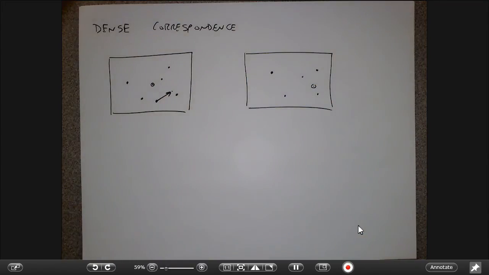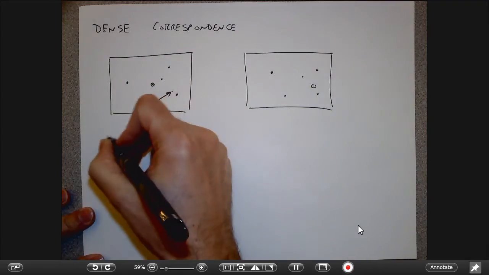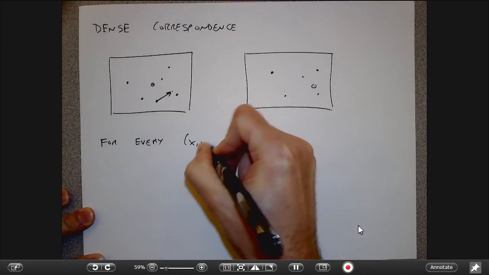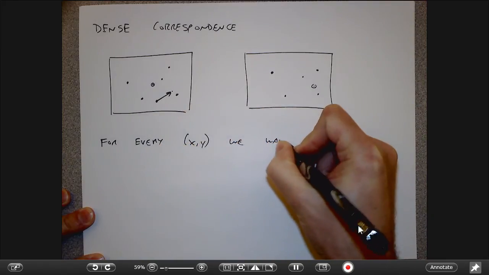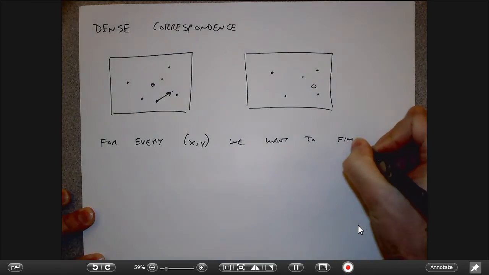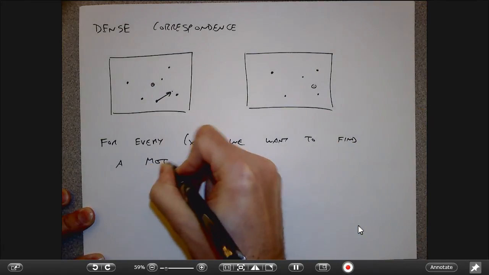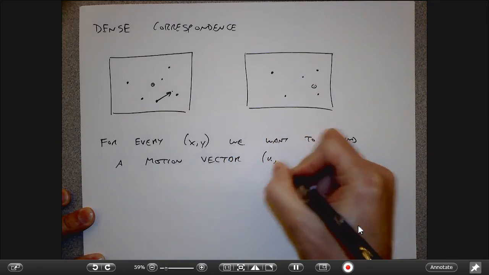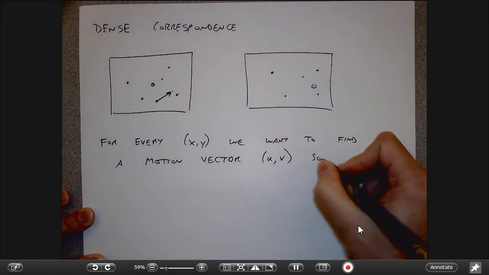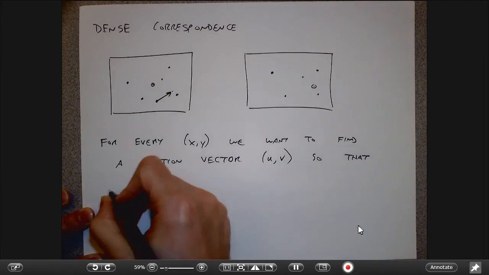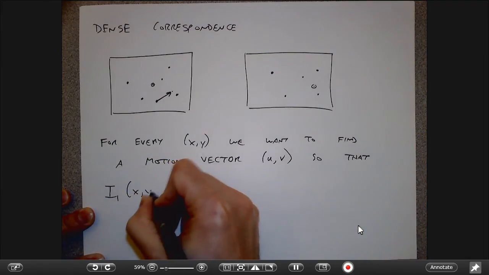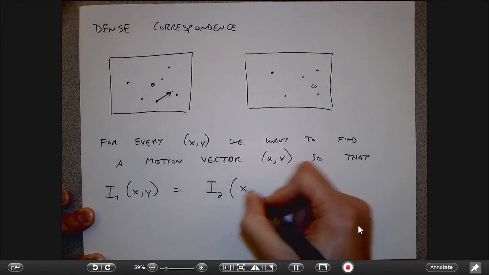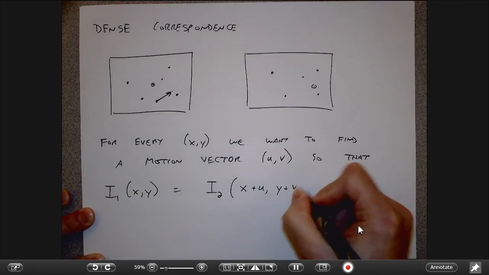Mathematically, what I mean is that for every pixel xy, we want to find what I would call a motion vector, which I'm going to call uv, so that image 1 at the xy position corresponds to image 2 at the x plus u, y plus v position.